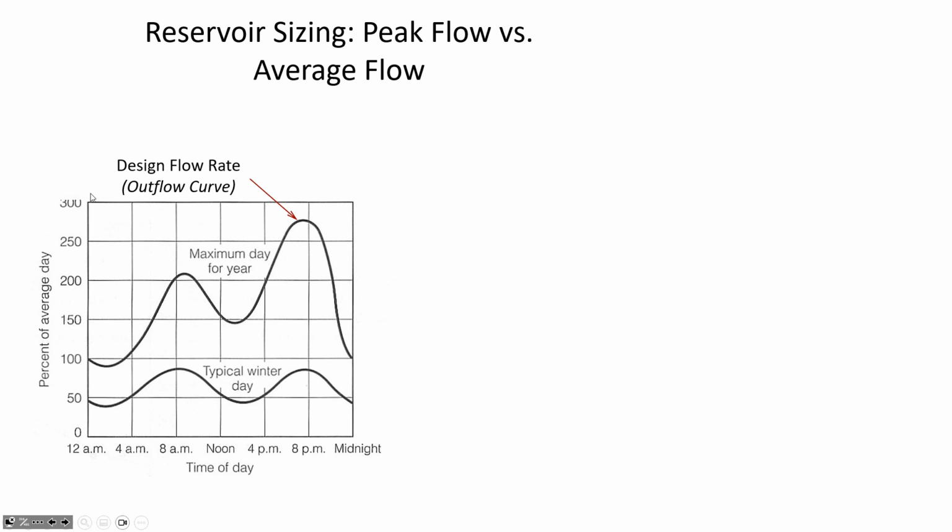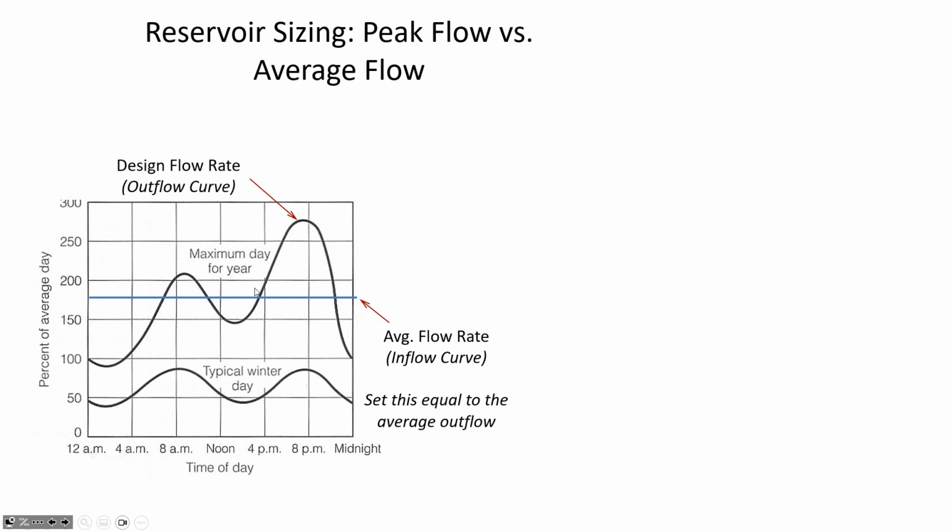So here's the key to picking the correct reservoir size. It's knowing what is the average daily flow rate. And now think about it in terms of a variable outflow but a constant inflow to this tank. So the water is going out at a variable rate, but it's coming in at a constant rate.